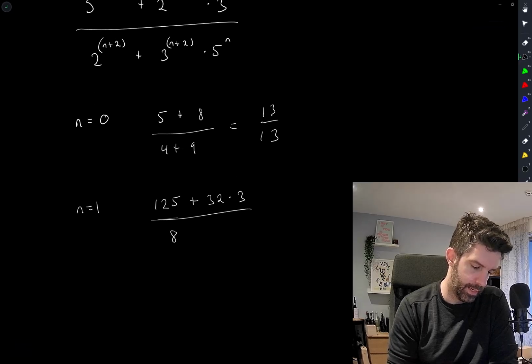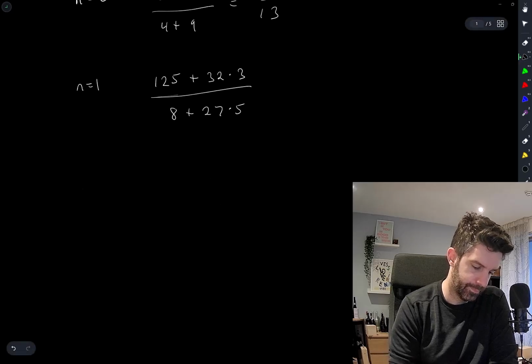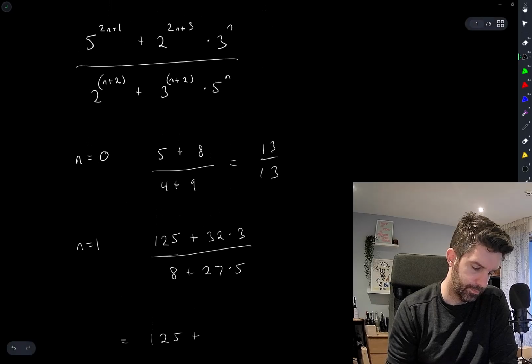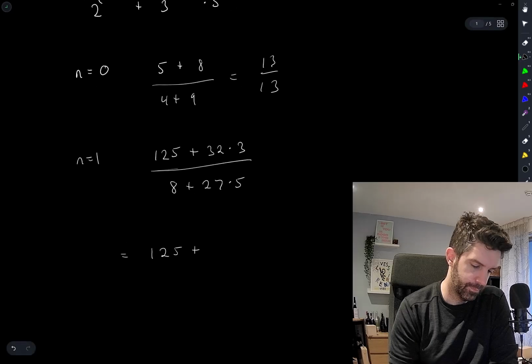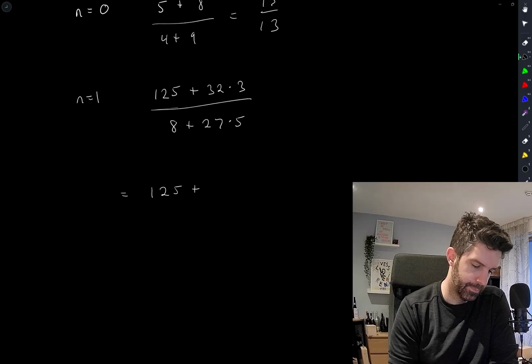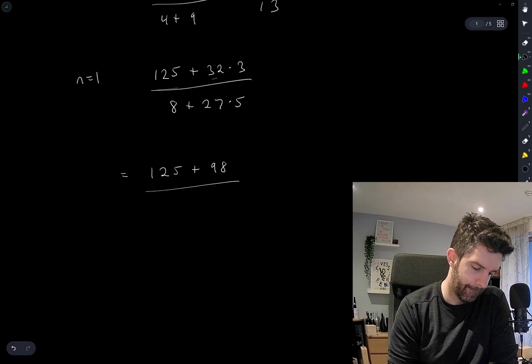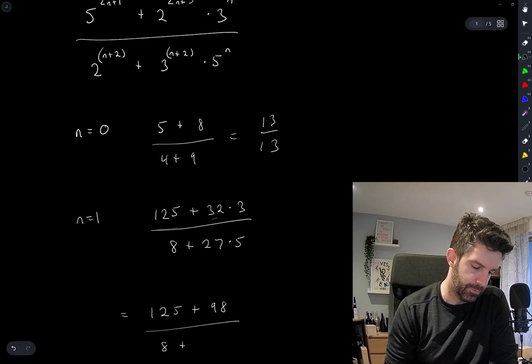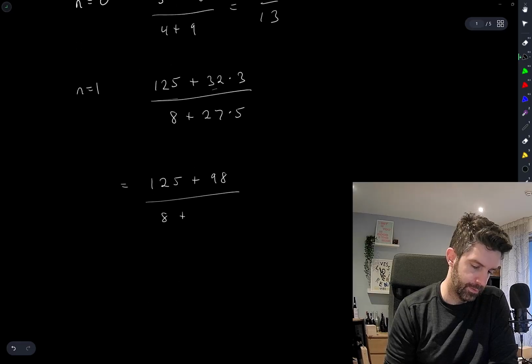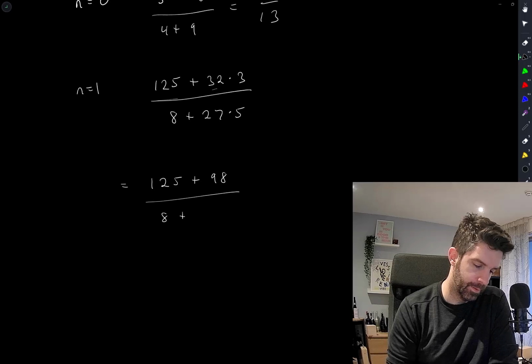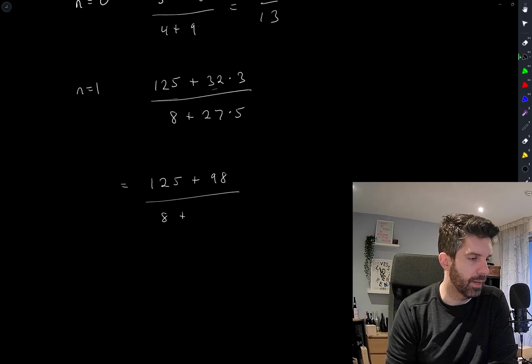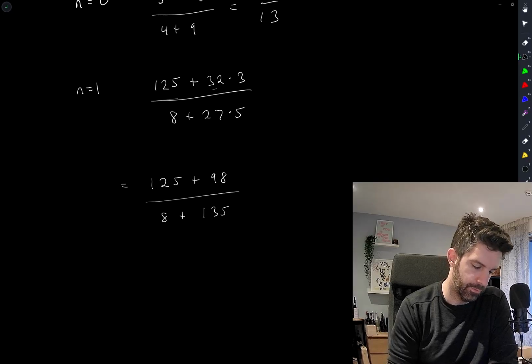Denominator is 8 plus 27 times 5. 125 plus 32 times 3, 98. 27 times 5, that's 25 times 5 plus 10, 135.